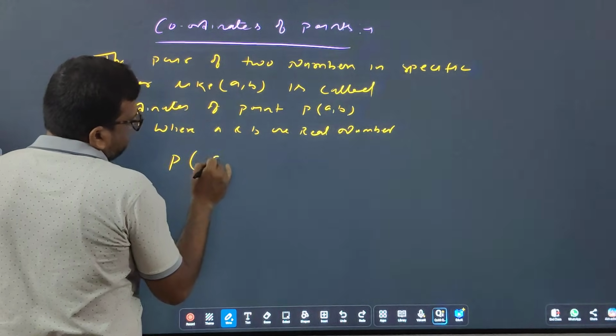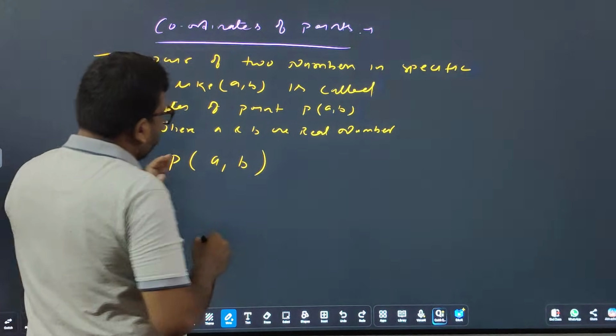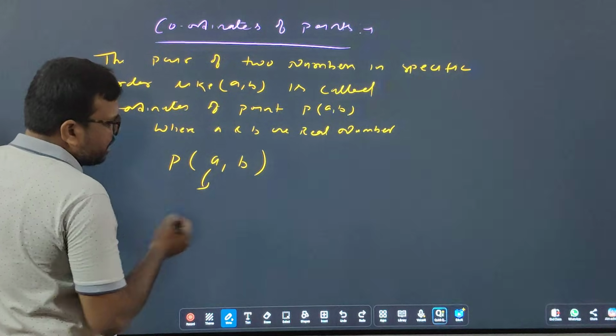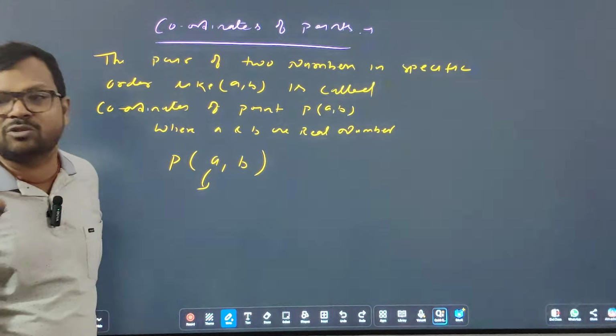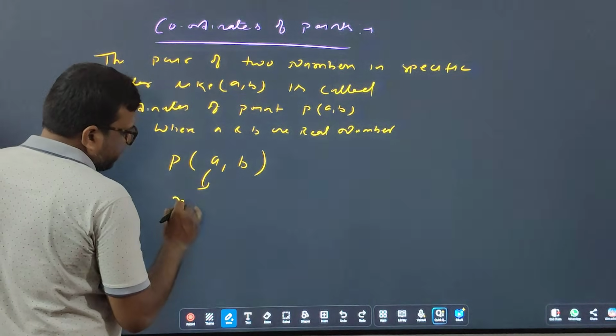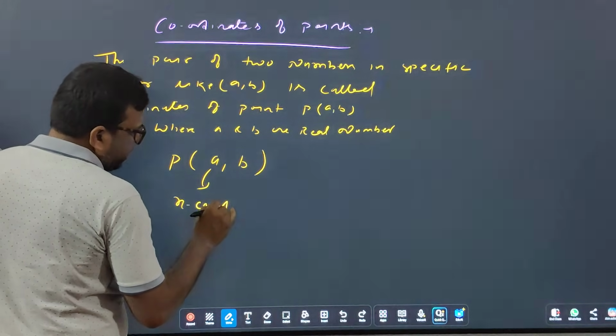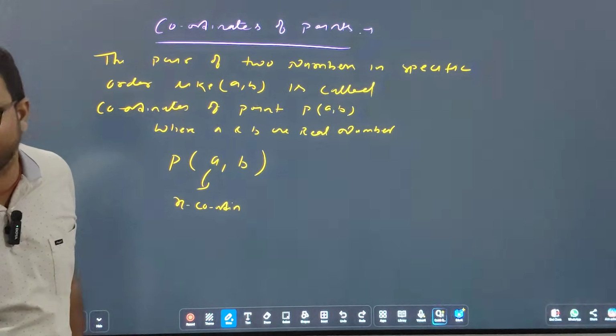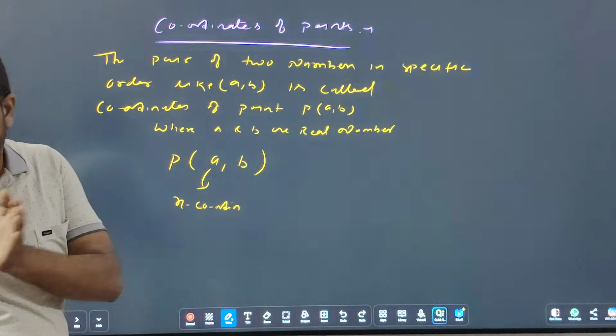If we are saying that the coordinate of point P is A, B, it means A represents the distance from the origin on the x-axis. Okay, that is called x coordinate. I am discussing basic things of coordinate axis, coordinate geometry.